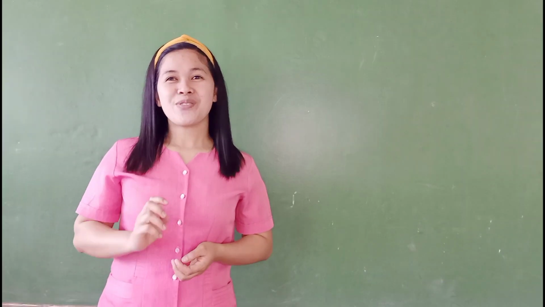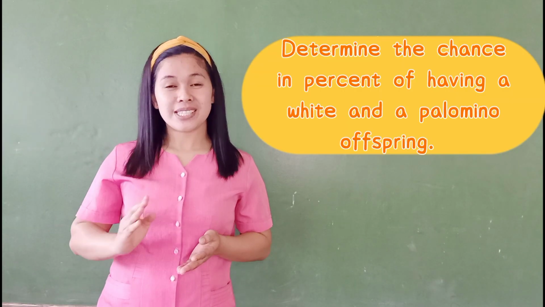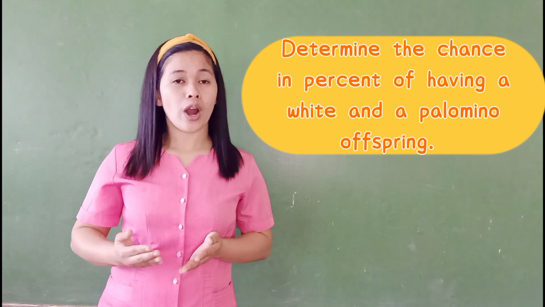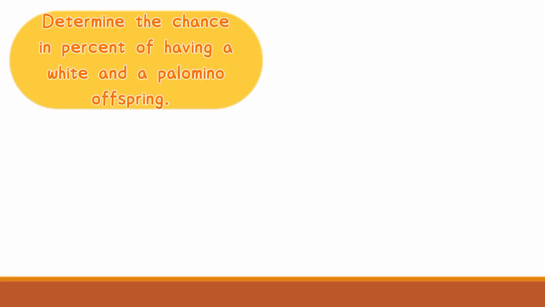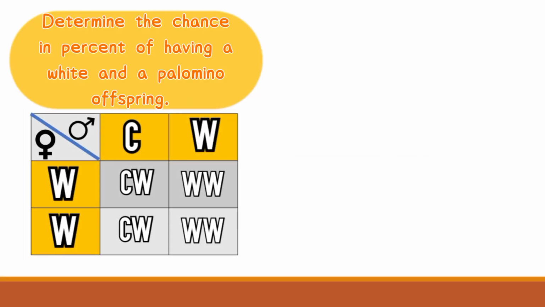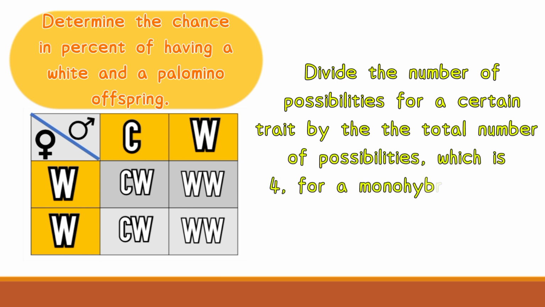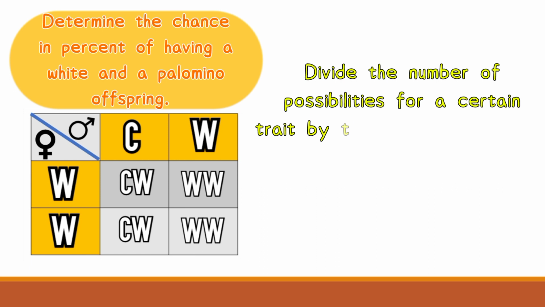Now, let's determine the chance in percent of having a white and a golden tan or palomino horse. How do you do this? You simply divide the number of possibilities per specific trait by the total number of possibilities, which is 4 in this case. Then, multiply it by 100.